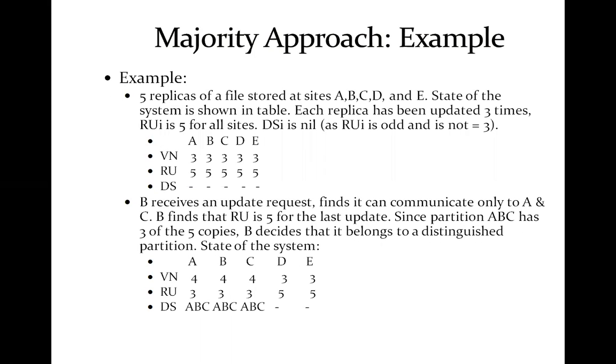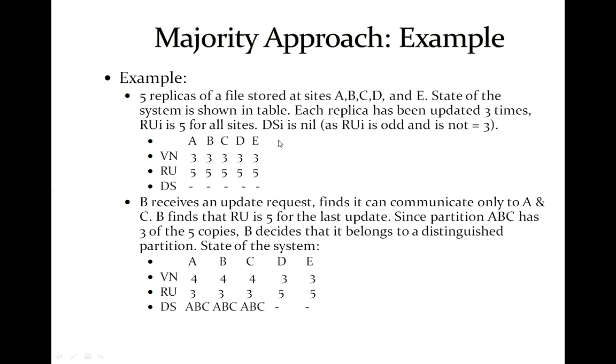Now, this is the first example in which it is already assumed that there are 5 sites which are available, A, B, C, D, E, and all the sites are having the replica, and all the replicas have been updated on all the sites 3 times, and that is why all are having the version number 3.